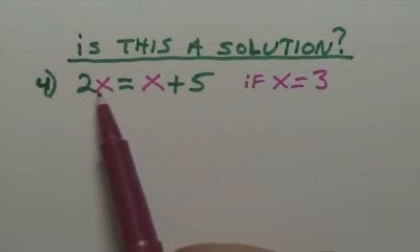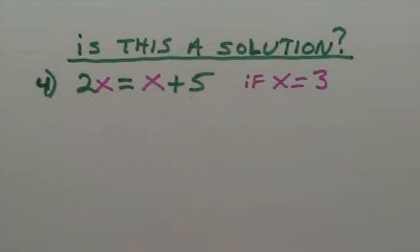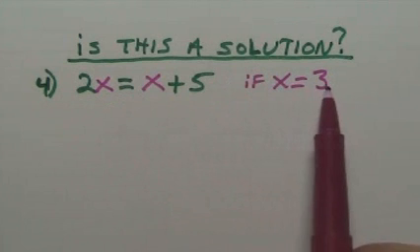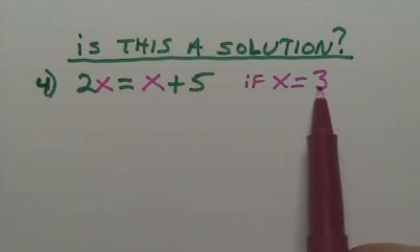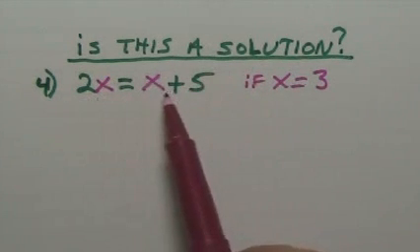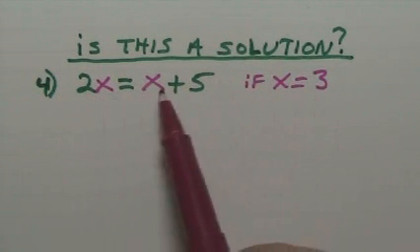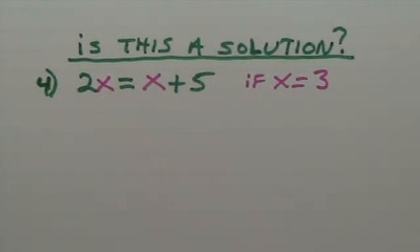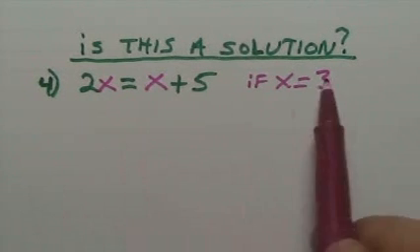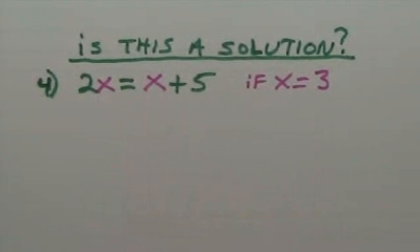So here's our problem. We have 2x equals x plus 5. And if x is 3, if I take a 3 and substitute it in there, is it a solution? Will 3 be true if I put it in there? Yes or no? So we have to plug a 3 in there.